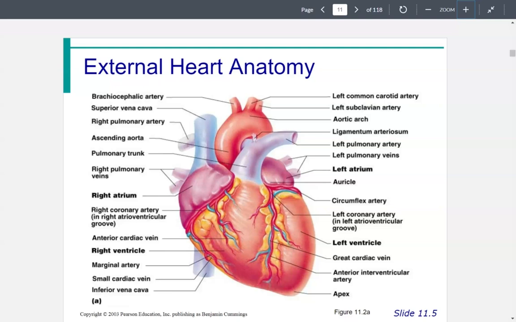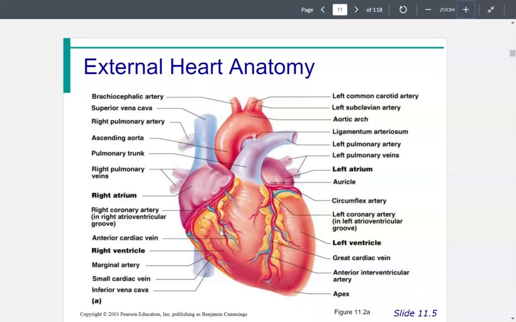The heart does not get its oxygen and nutrients from the blood that's in the chambers within it. Those are kept separate. The blood cannot bleed out of those chambers due to that endothelial lining, unless there's something drastically wrong. So in order for the cardiac muscle tissue to get oxygen and nutrients, we have to have these coronary arteries.